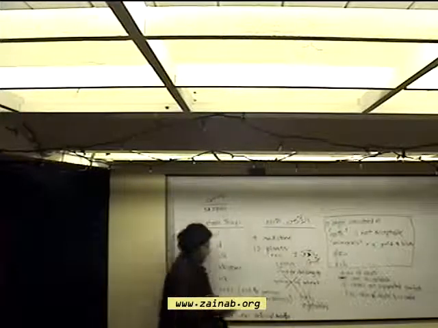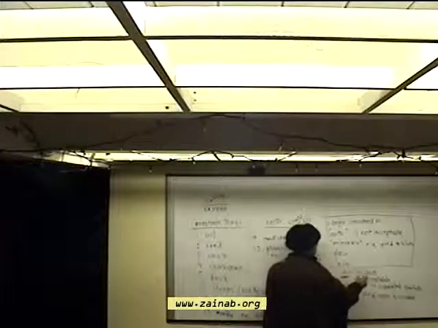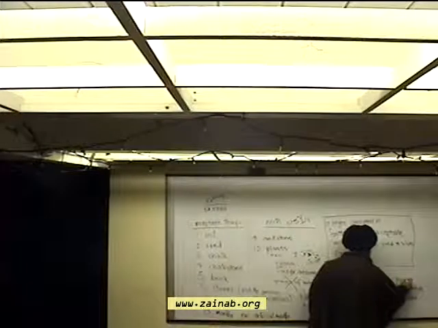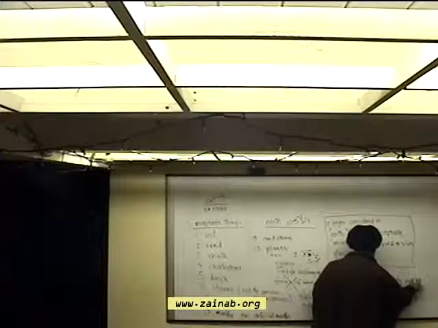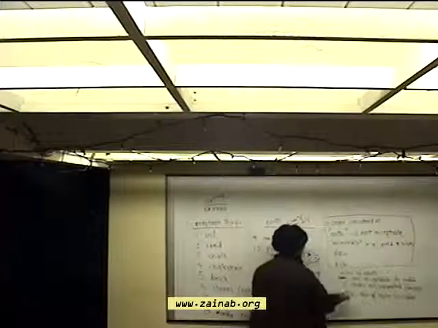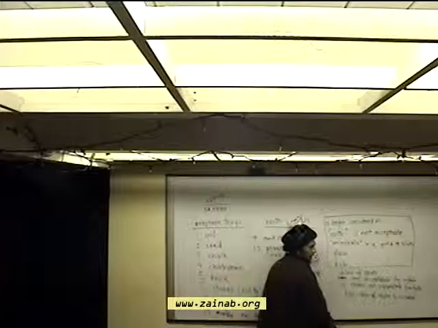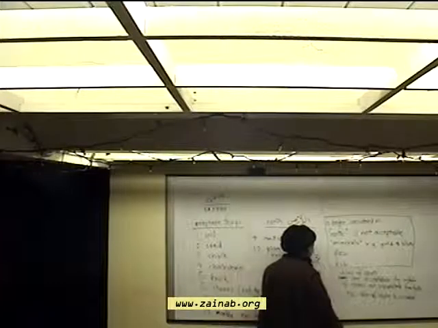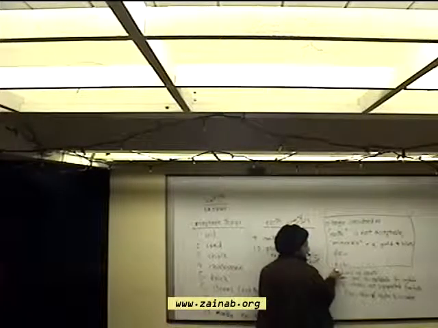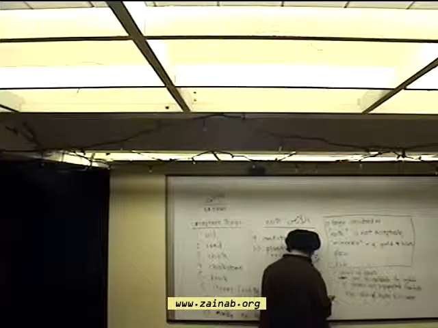Yes, so skins of fruits are acceptable for sajda, except the skin of apple and cucumber. So you can do the sajda on the skin of a pomegranate, anar, rumman.